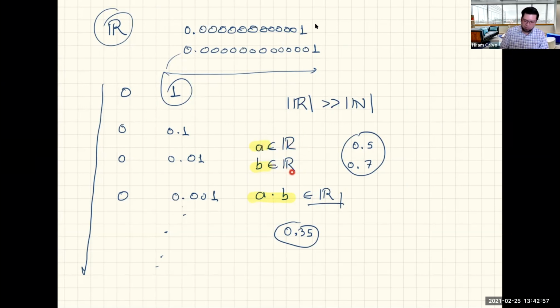Por ejemplo, en la división, si tenemos una división entre dos números naturales, 5 entre 2, y 5 pertenece a los números naturales, 2 pertenece a los números naturales, pero el resultado, 2.5, no es un número natural. Entonces decimos que la división no es una operación cerrada dentro del conjunto de los números naturales.